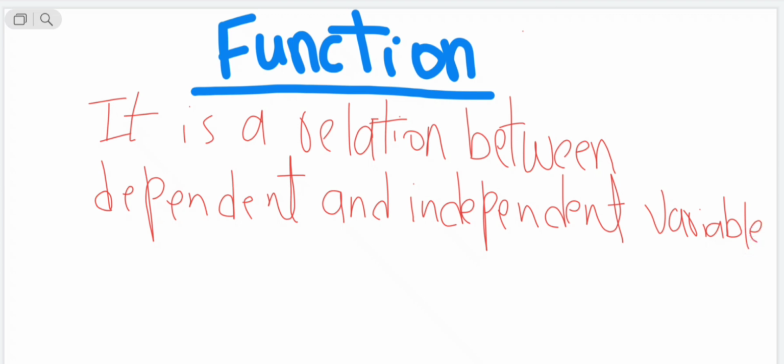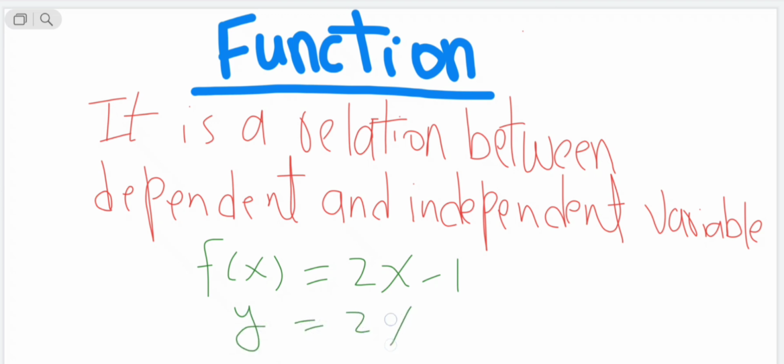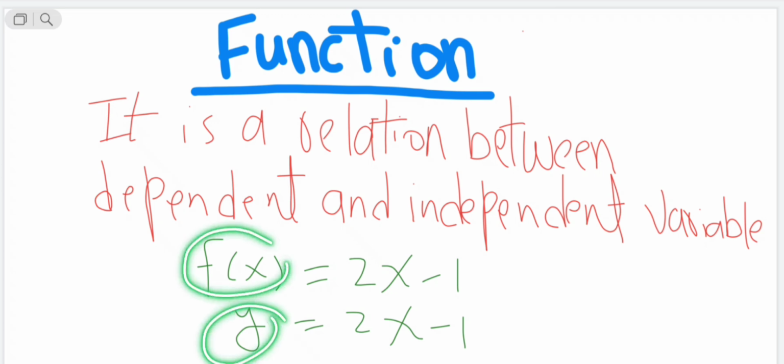For example, f of x is equal to 2x minus 1, or y equal to 2x minus 1. F of x and y, there is no change, there is no difference. F of x and y are the same.